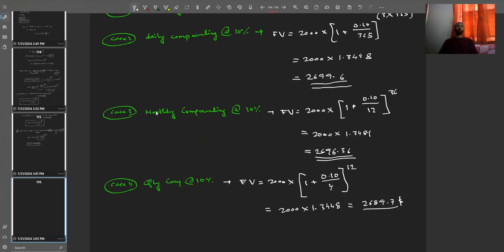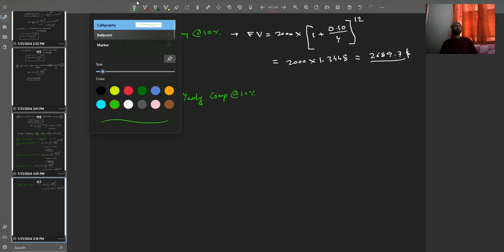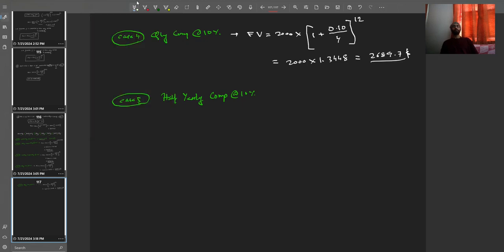Now we'll go into case 5, which is half yearly compounding. Half yearly compounding at 10%. Here again the FV will be equal to 2000 multiplied by 1 plus 0.10 by 2. Because periodicity is half yearly, we divide by 2.